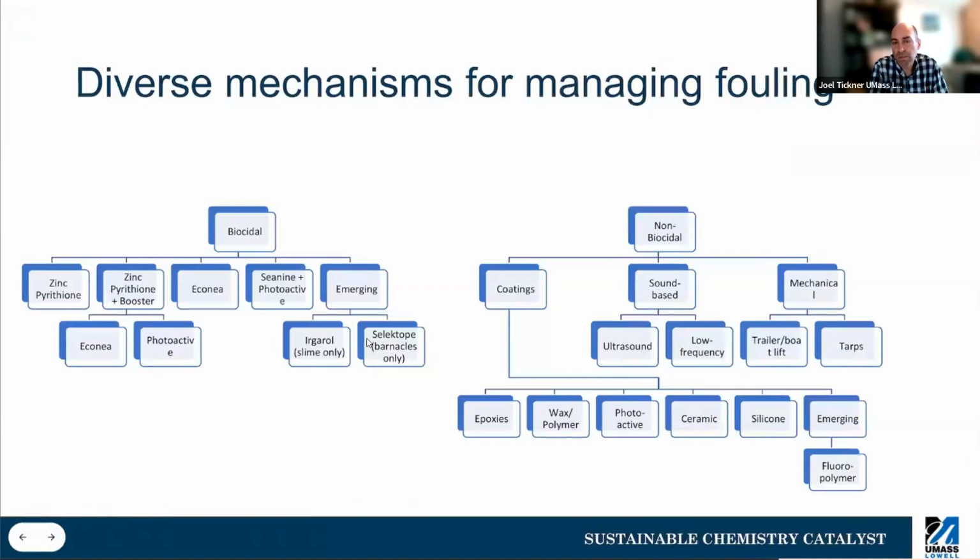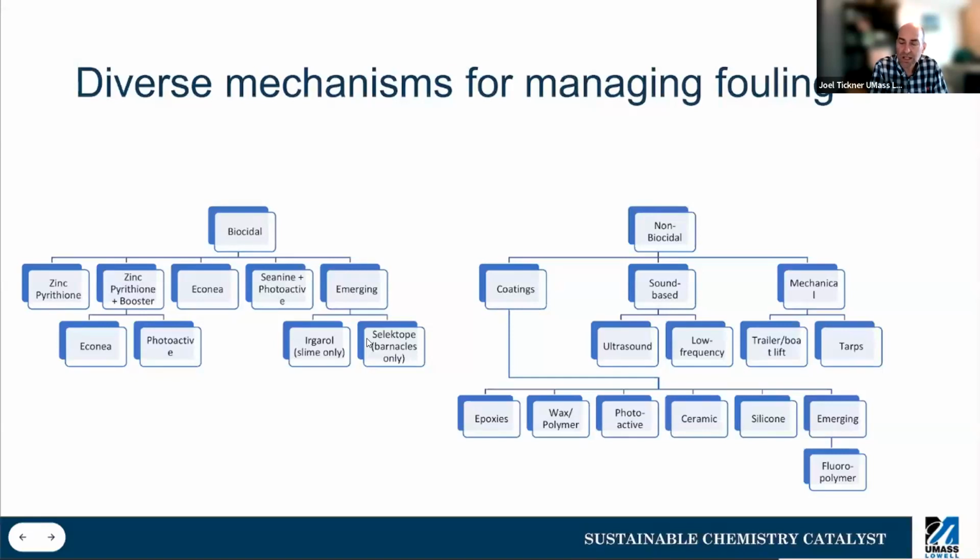Or we could take a non-biocidal approach, which might involve several approaches. One would be a coating, including a coating that might have ultraviolet light built into it. We could take a sound-based or sonar-based approach, or we could take a mechanical approach, for example, just washing the bottoms of boats or using tarps.